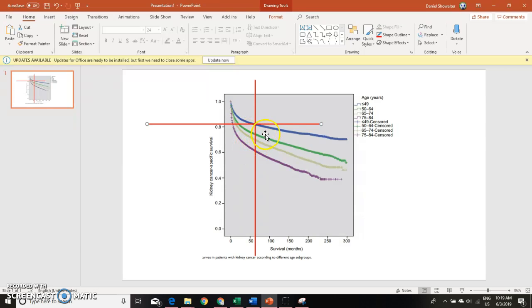So what this article is saying is that in general, the earlier you are when the cancer is diagnosed, the greater your chance of survival.